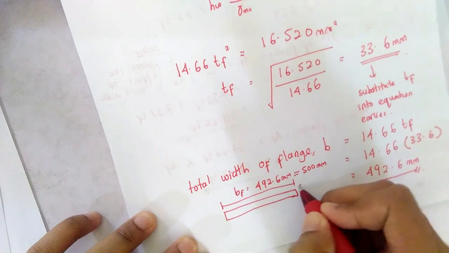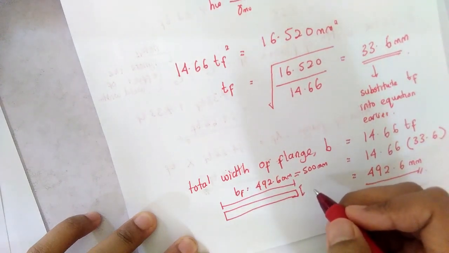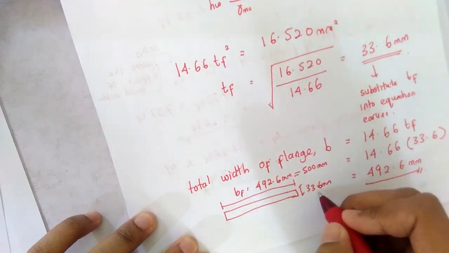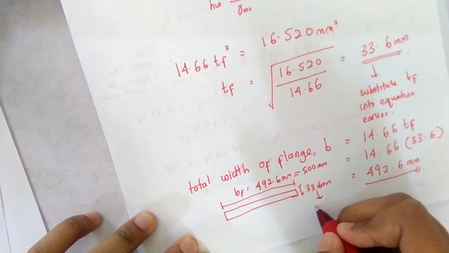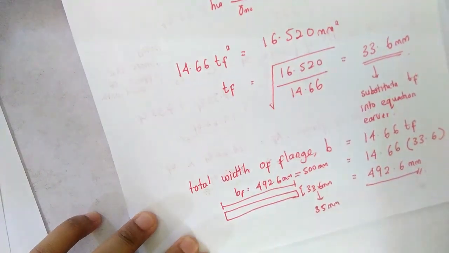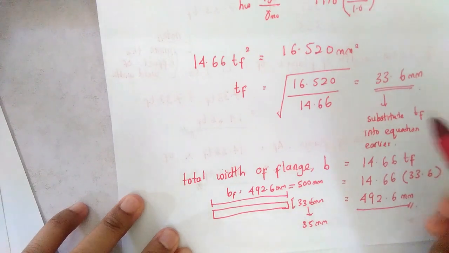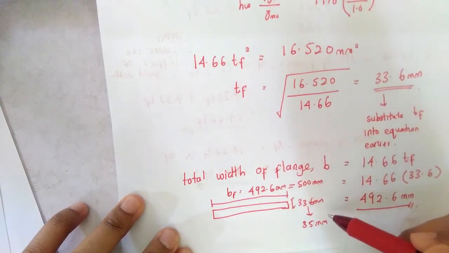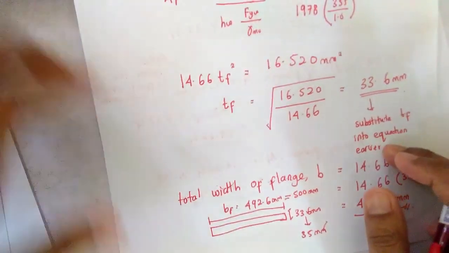And the thickness of flange is 33.6 mm, which you can also round up to 35 mm. So now you have done the flange width and the flange thickness.